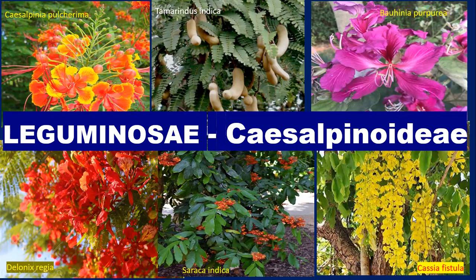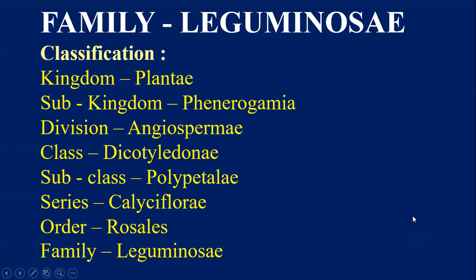So let us discuss the taxonomy of the Leguminosae family. Try to remember this family belongs to the kingdom Plantae, subkingdom Phanerogamia, because all flowering plants are classified under the subkingdom Phanerogamia. Division Angiospermae. Angiosperms include dicotyledons and monocotyledons. This family belongs to the class Dicotyledonae.